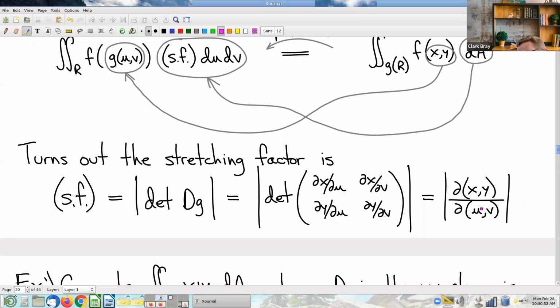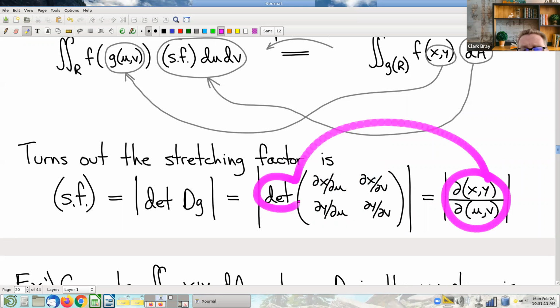Now, my complaint about this notation, you might even be able to anticipate it. You know that I've complained in the past about writing things as fractions that are not actually fractions. This takes the cake on that. Is this a fraction? No, it's a determinant. Determinants aren't fractions.